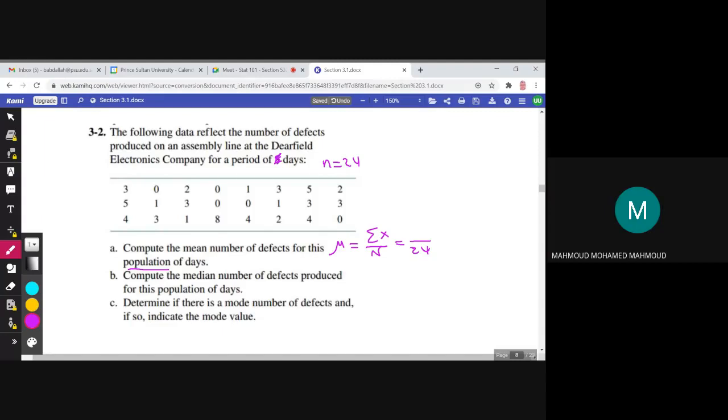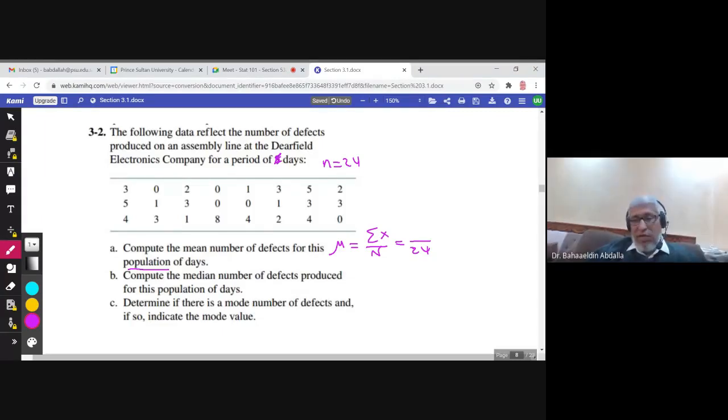The sum is 58. Yes, correct. This is also capital because he said that it is a population. So it is 58 over 24, the total of all the data. If you divide 58 by 24, you get 2.417.